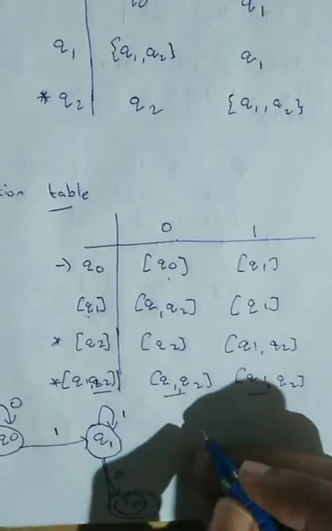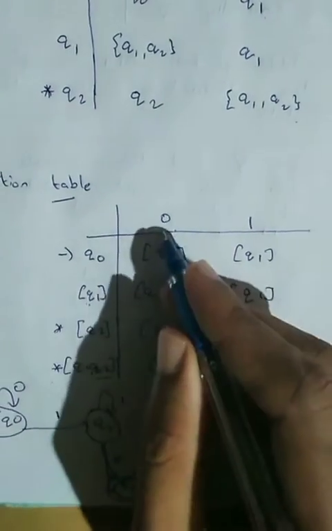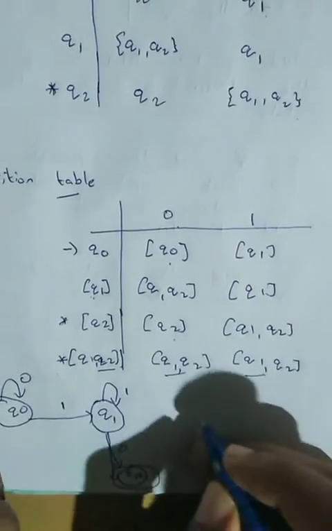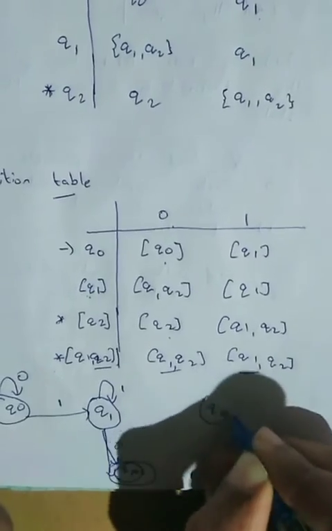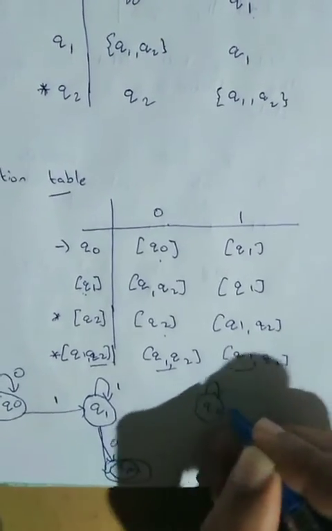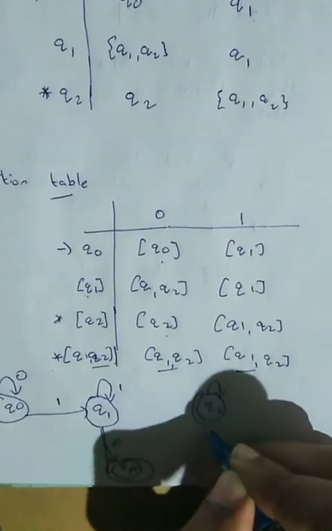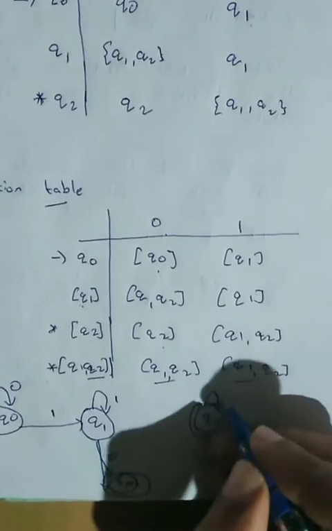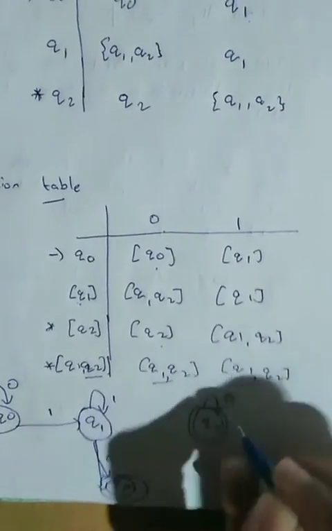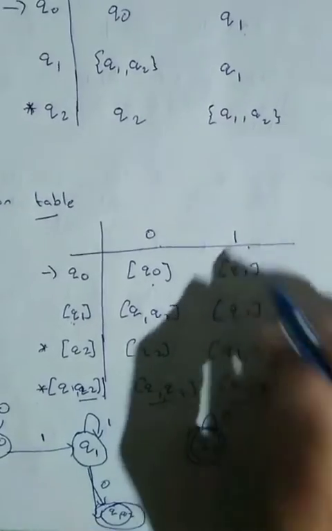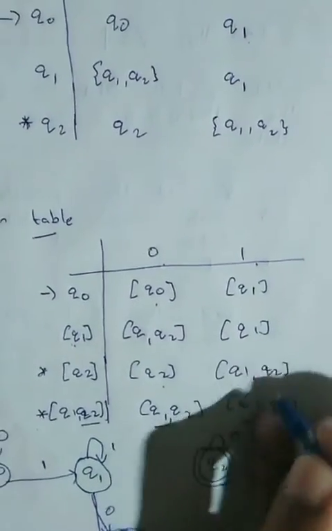Now q2 with 0 as the input goes to q2 itself, and it is the final state, so we have to make it a final state. q2 with the input 1 goes to q1 comma q2.